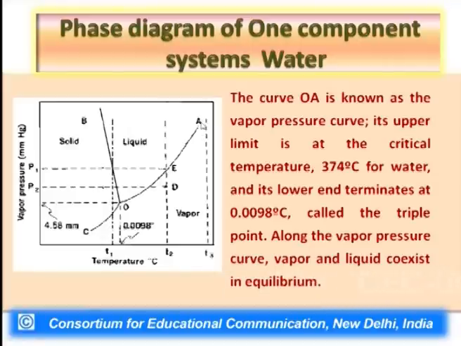Suppose you have a cylinder fitted with a movable piston in which liquid water is placed and it is in equilibrium with vapor, suppose point A is that point. If you decrease the temperature of the system continuously, the vapor will continue to condense and form liquid. More and more liquid will form and vapor pressure will continue to decrease along curve AO.